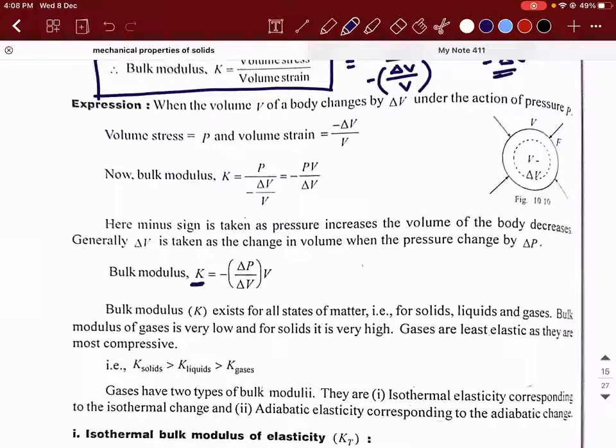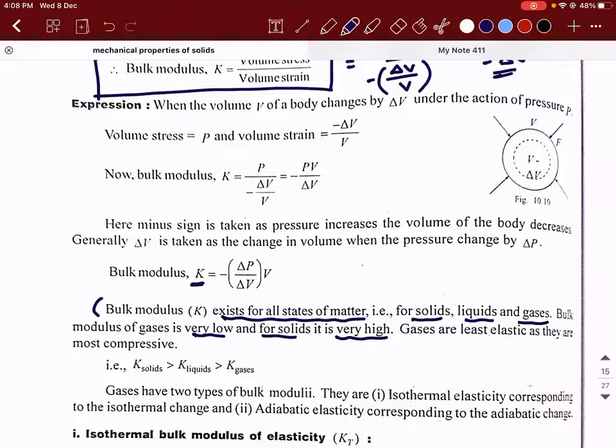Now, an important point to be noted here is bulk modulus will exist for all states of matter, whether it is a solid, liquid, or a gas. Sorry, the bulk modulus of gases is very low, and the bulk modulus of solid is very high.